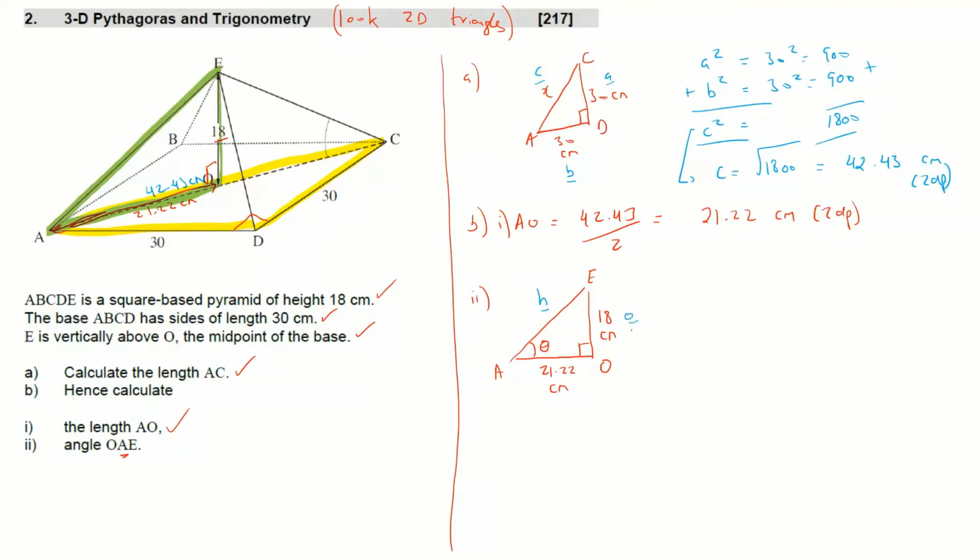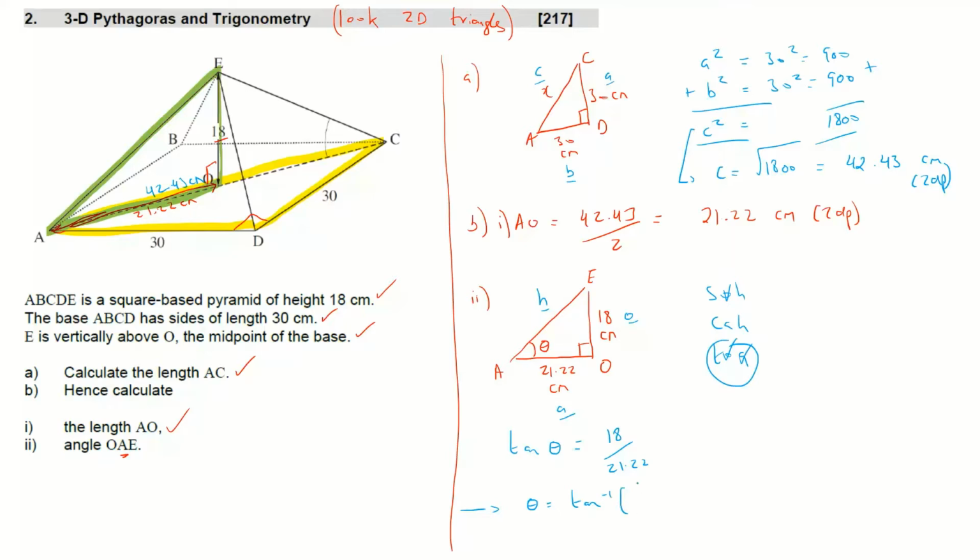Let's write down SOHCAHTOA. Oh, I'm pretty sure you can guess which one it's going to be by now. So what do I know then? I know O and I know A. So I'm going to use tan. Okay. So tan theta is O over A. So 18 over 21.22. Remember here, this time round, you're going to take the inverse tan function.